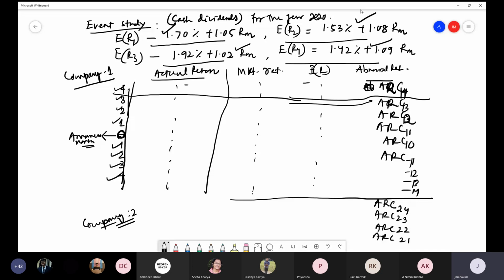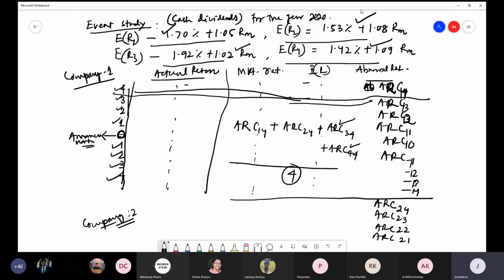This is one period. For all companies, I can write the average return we have to find out: AR14 plus AR24 plus AR34 plus AR44. If this is for company number 3, this is for company number 4, for this period divided by 4.